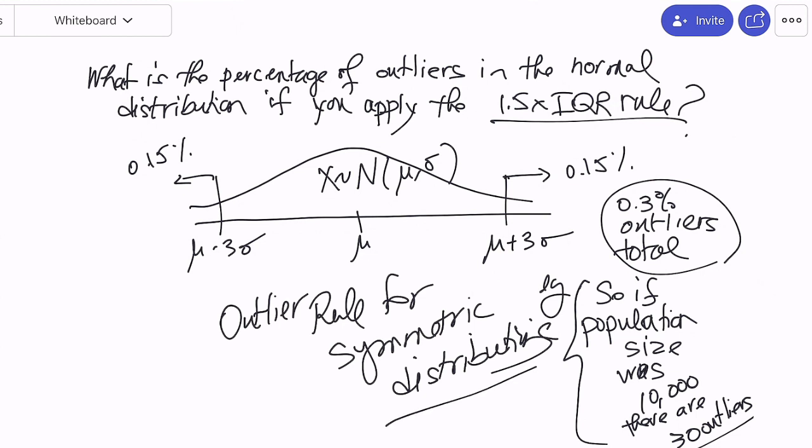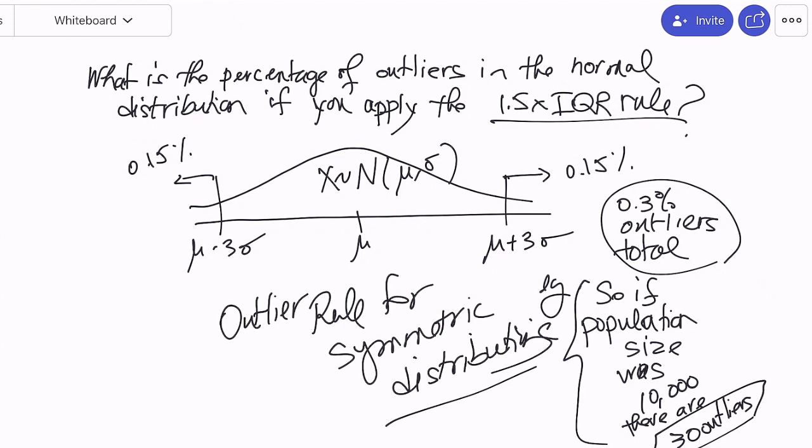And the normal distribution is a symmetric distribution, so that's the rule I should use. But how about if I use the other rule? Am I going to get more or less outliers? Now remember, outliers is supposed to be extreme. It's not supposed to be common. And that's why, it's such a small amount, 30 out of 10,000, it's bizarre, it's unusual, it's not common. That's why we call it outliers.